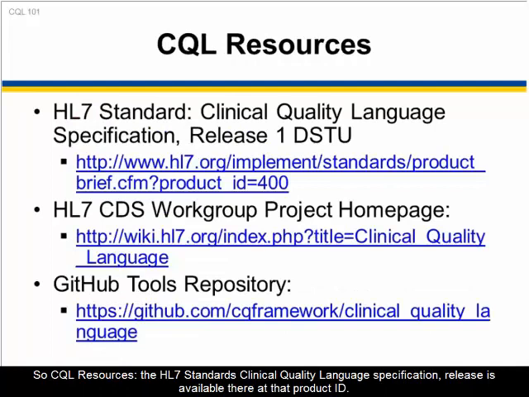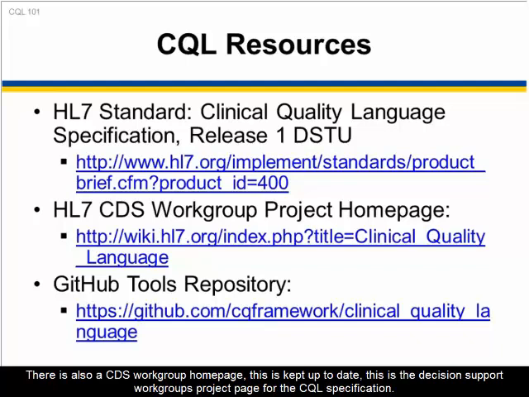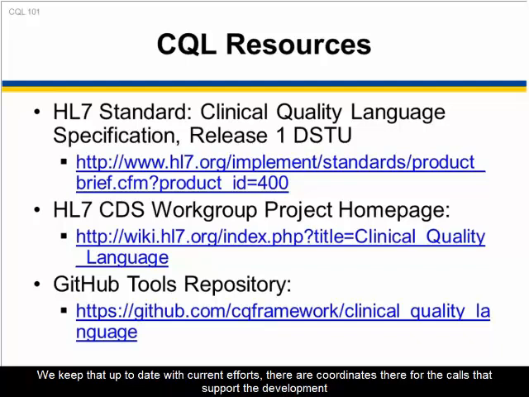So, CQL resources. The HL7 standard clinical quality language specification release is available there at that product ID. There's also a CDS workgroup homepage. This is kept up to date. This is the decision support workgroup's project page for the CQL specification.